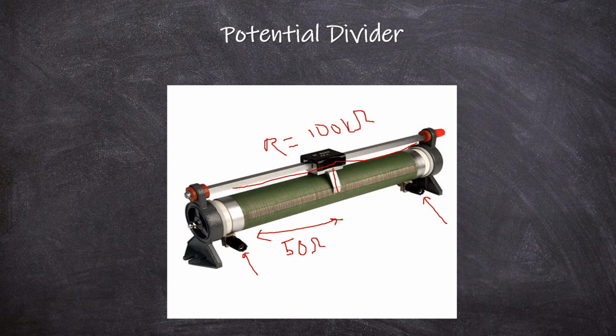We'll be learning this actual application of potential divider in electrophysics, and it will be one of the most interesting. This is the rheostatic potential divider. You can even buy this in a store as you like. This is the actual phenomenon of how a potential divider works.